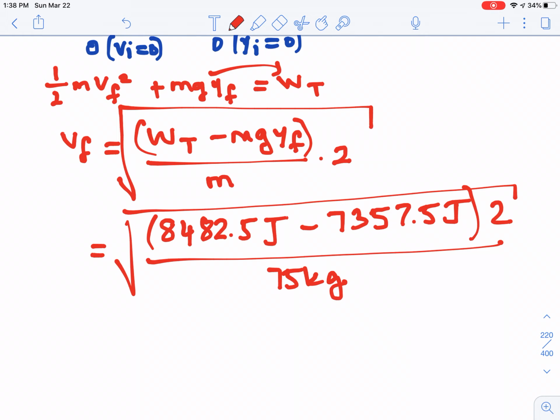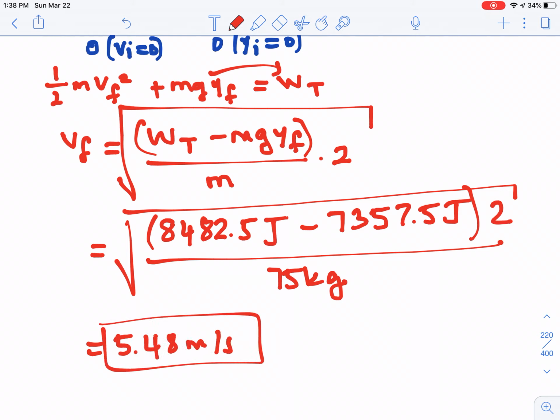Kilograms will go away, it becomes meters squared per second squared, and then when you do that algebra, it will come out as meters per second. That's the unit for velocity, and this should give you 5.48 meters per second. Okay, so that's the final answer, and that's the way you can get it from energy conservation.